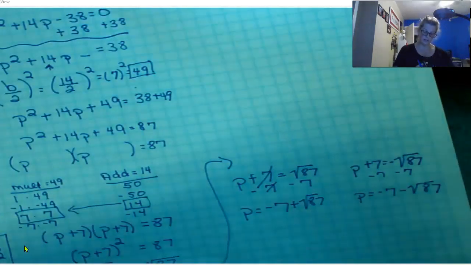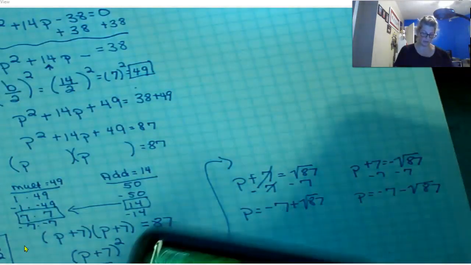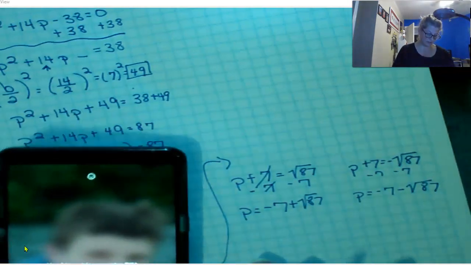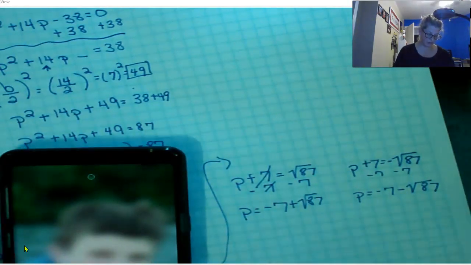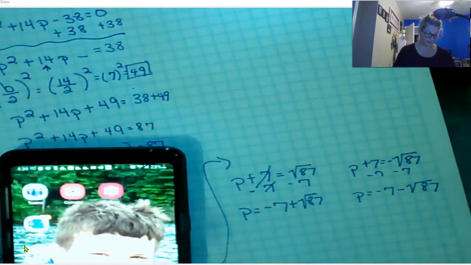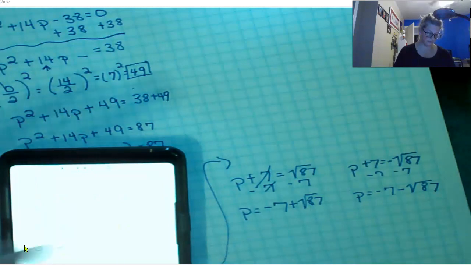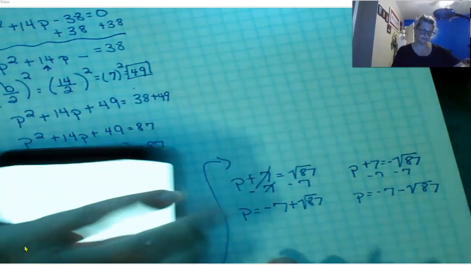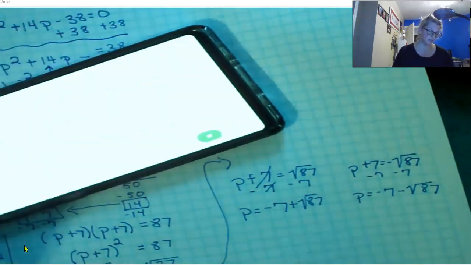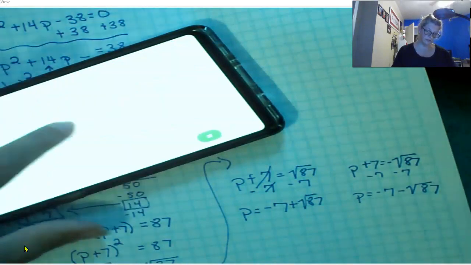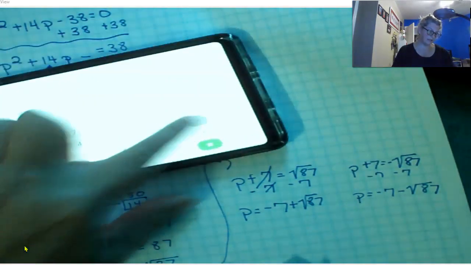Alright, so get out your handy dandy calculator. In my world today, it's going to be my phone. Calculator. Alright, here we go. So I'm going to have a minus 7.